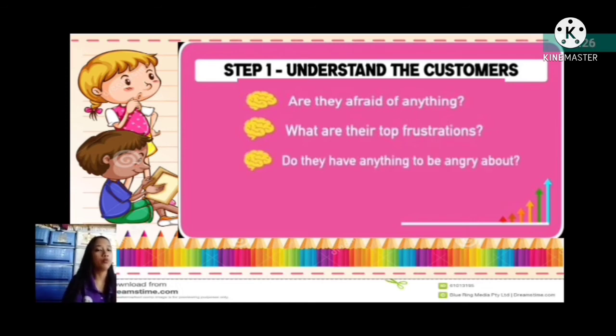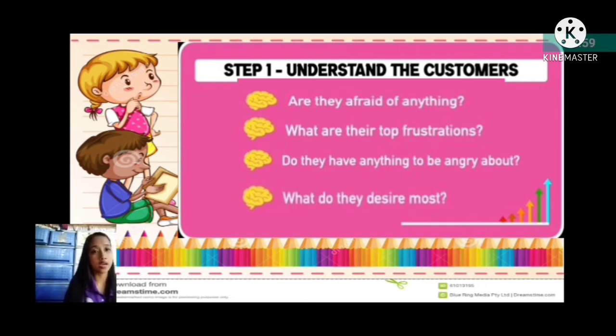Do they have anything to be angry about? Your service or product isn't meant for everybody, or it can lead them to be angry about your service or your product. So you need to understand your customers.